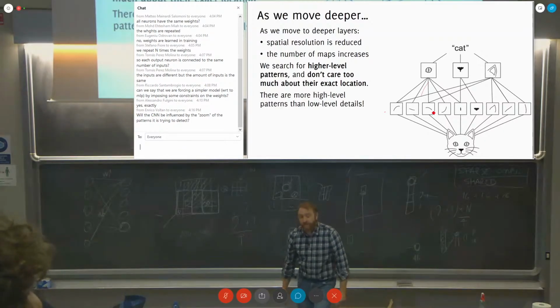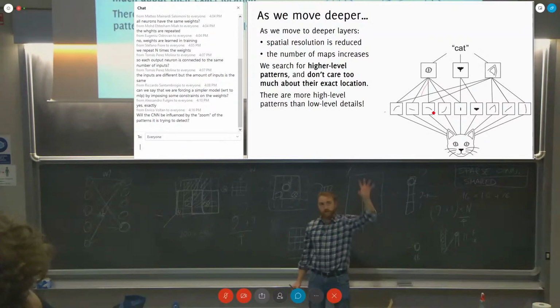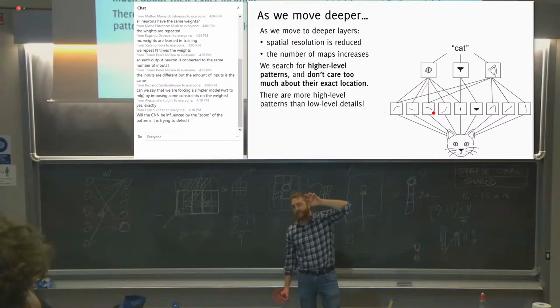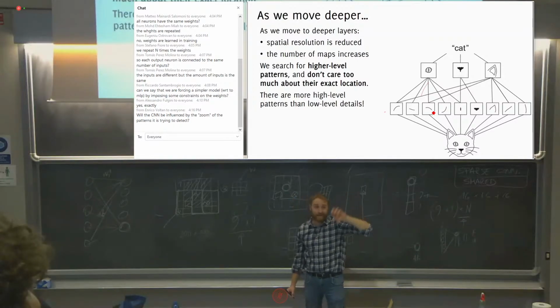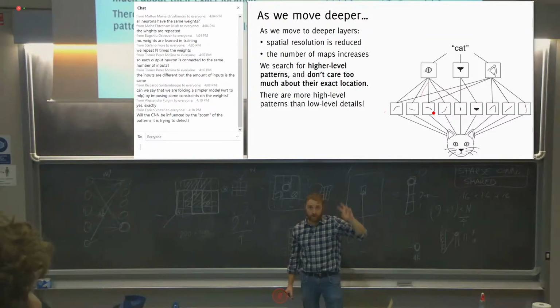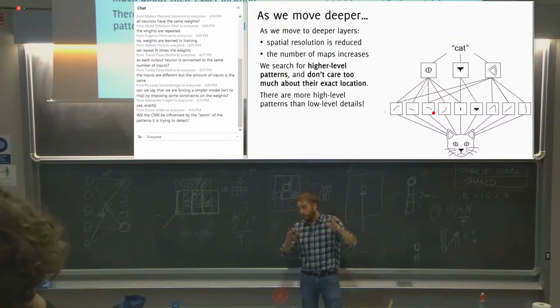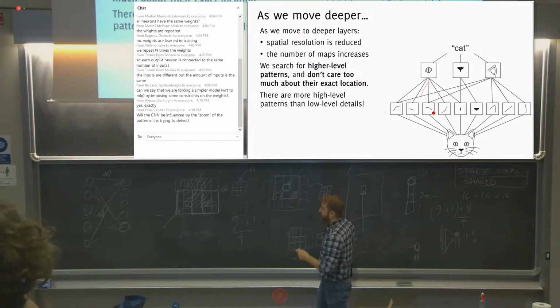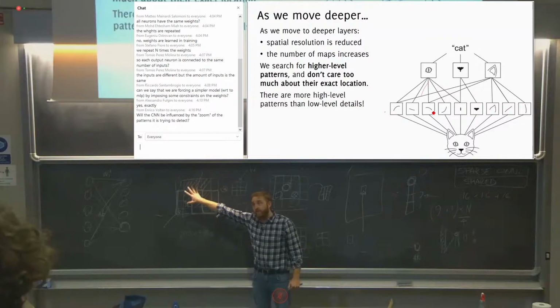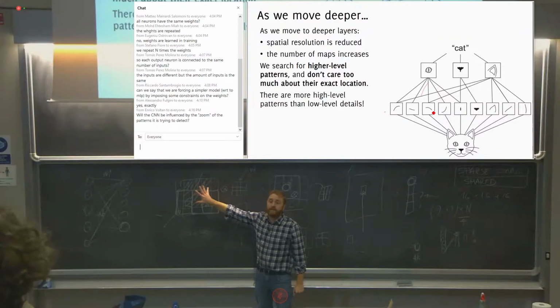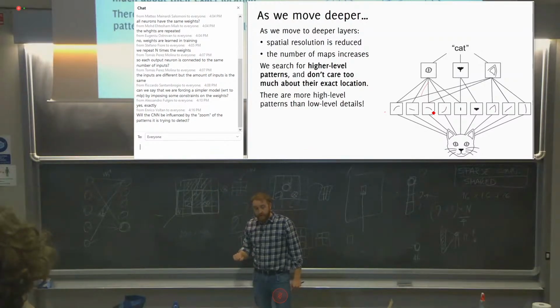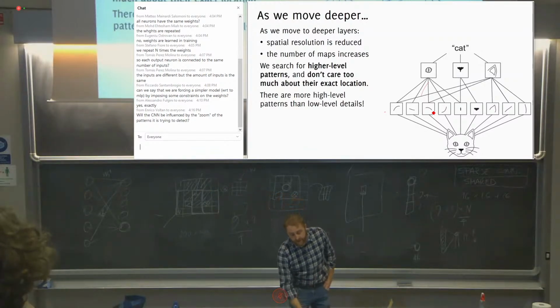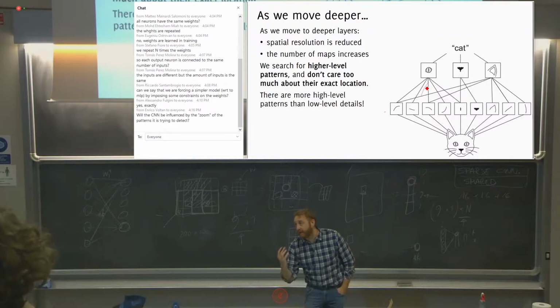Then the receptive field increases, and the relevance of the exact location of that pattern in the original image kind of dissolves because the receptive field becomes larger. You can take more, and then it's less relevant where exactly it was inside that receptive field. So in this case, you can extract more high-level patterns, okay?